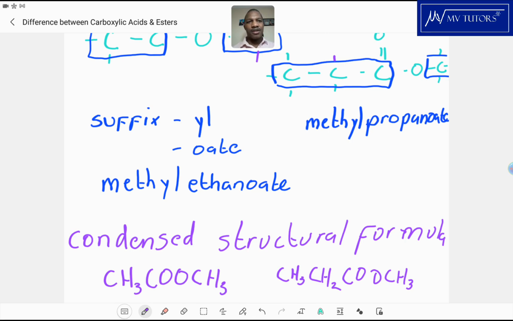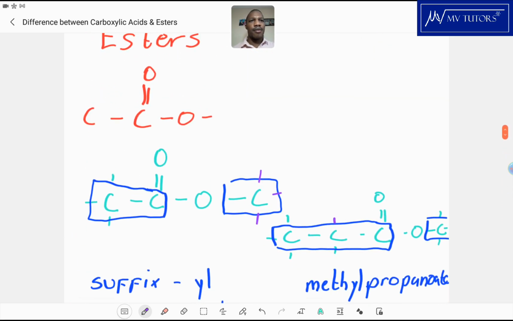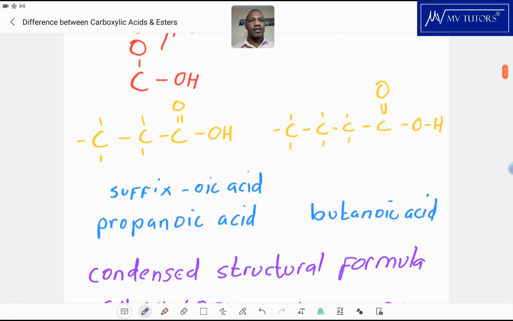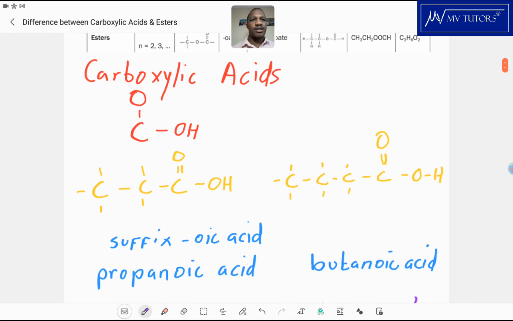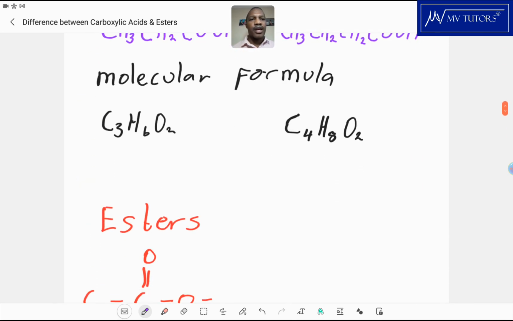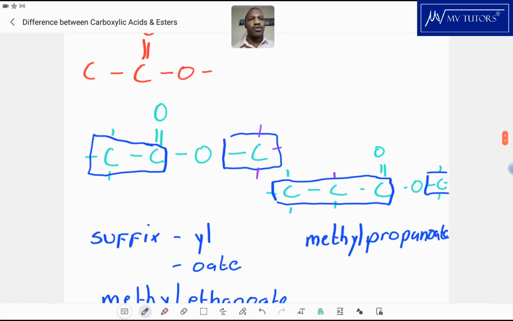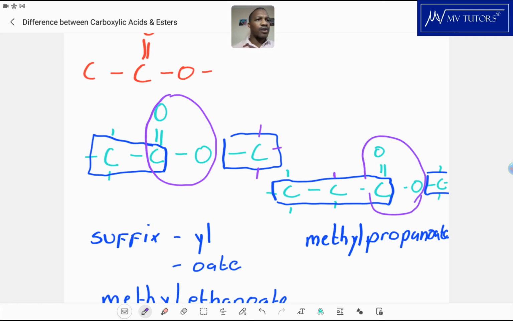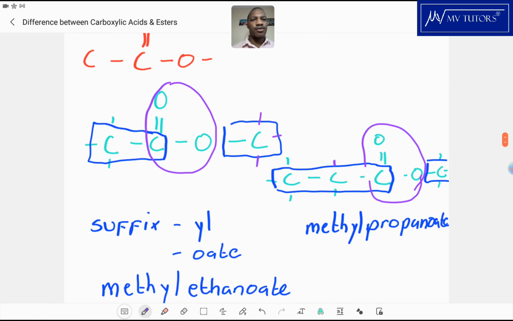Now, the big difference between an ester and a carboxylic acid is basically where the functional group is. Now, typically, a carboxylic acid has the functional group at the end of the chain. Okay, you see, it's at the end of the chain, while an ester has the functional group in the middle of the chain, somewhere in the middle of the chain. That's why it has 2 suffixes.